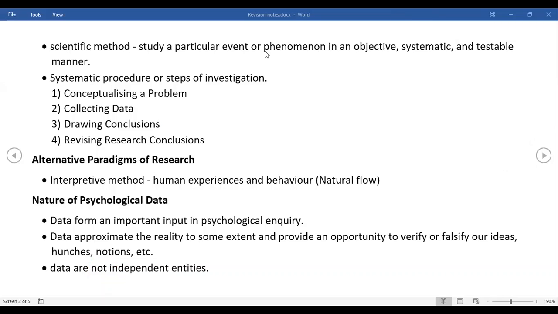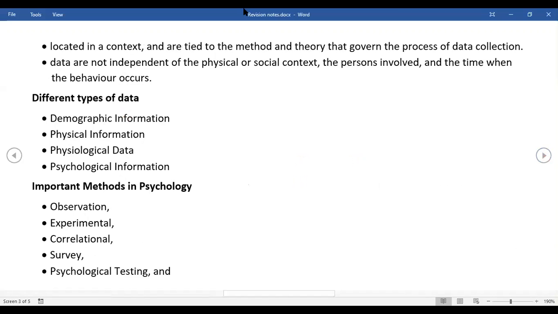Okay, next. Data is located in a context. Data has to be in a context, and it is tied to, related to method and theory.